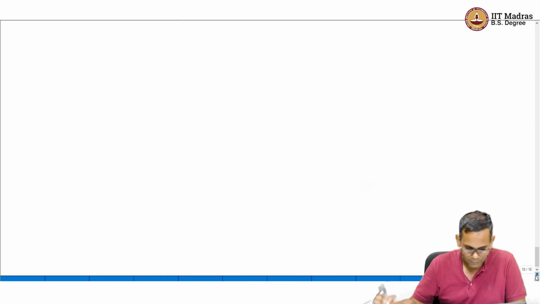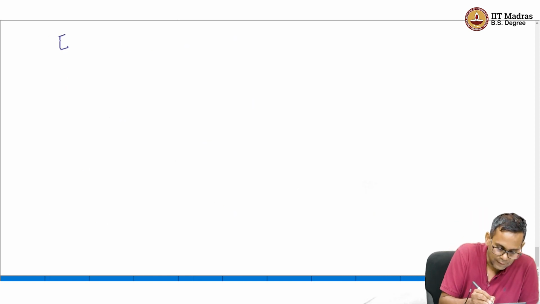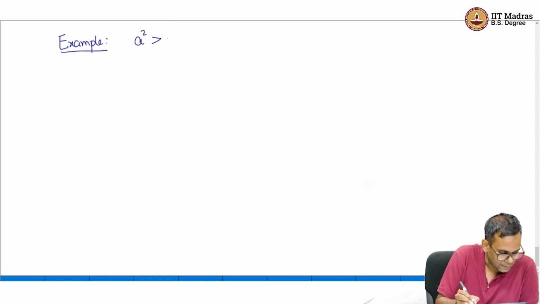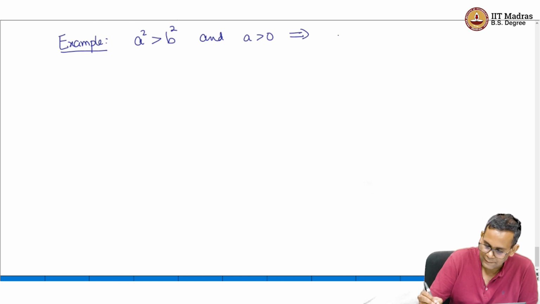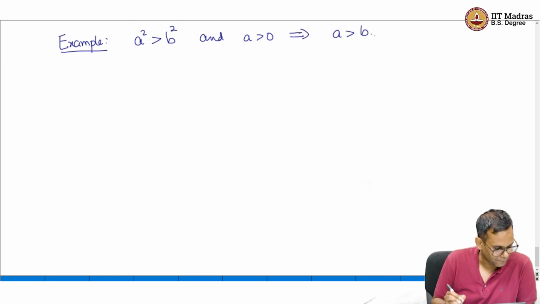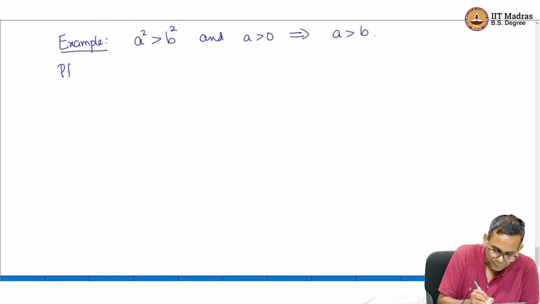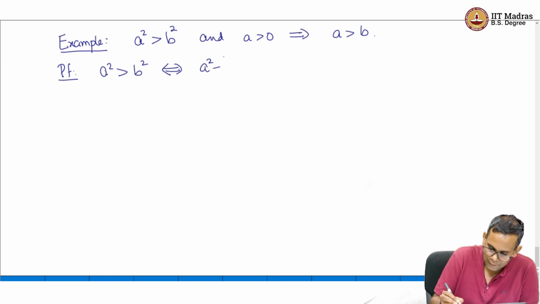Let me do one more example which will be useful a little later when we start looking at the real numbers. a squared greater than b squared, and a positive, implies that a is greater than b. The proof. a squared greater than b squared is the same as saying that a squared minus b squared is greater than 0.